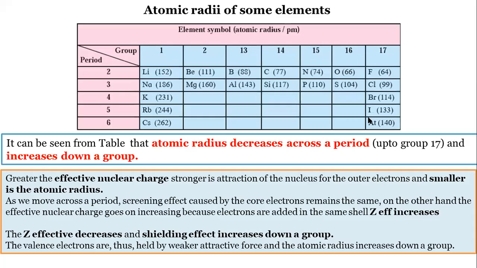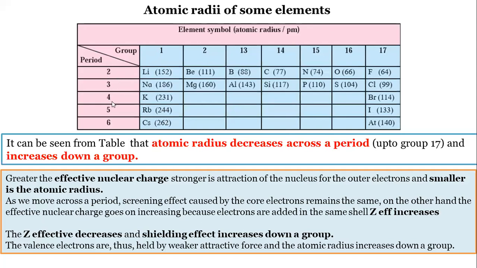Here it is shown in the group 1 elements: lithium, sodium, potassium, rubidium, cesium. The atomic size always increases from top to bottom because an electron is added in a new shell.